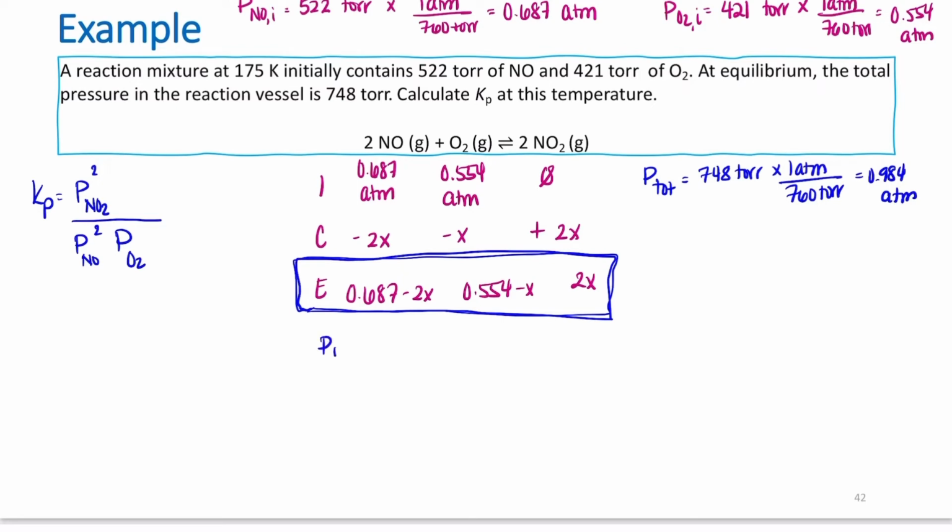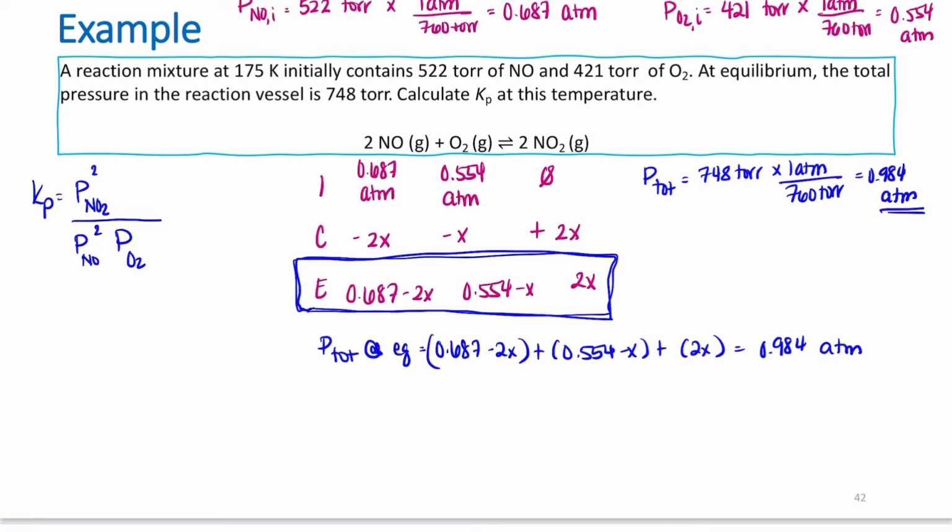So P total at equilibrium will be equal to 0.687 minus 2x plus 0.554 minus x plus 2x. And that has to equal 0.984 atmosphere. Why? Because this is the total pressure of the system. These three gases add to that total pressure.